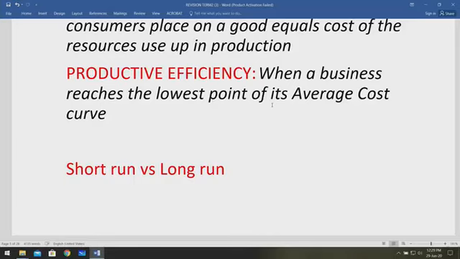Whereas with the long run, that is when all factors are variable, right? There are no fixed factors within the long run. All your factors of production become variable.